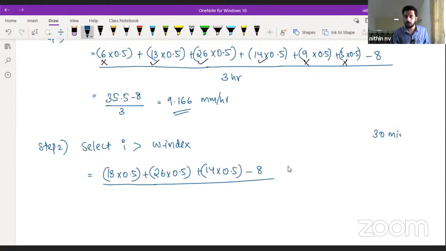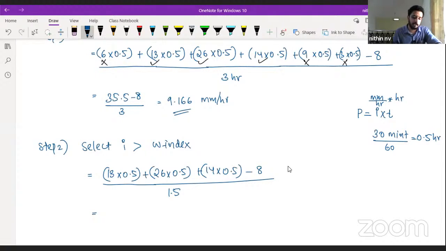If anyone has a doubt, they have given 30 minutes and we are converting into hours. Why? We know precipitation is equal to intensity into time. They have given all the intensity values in mm per hour, so to get the depth term, we should substitute the time value in hours. Then hour and hour cancel, and we get millimeters. So 1.5 will come here.